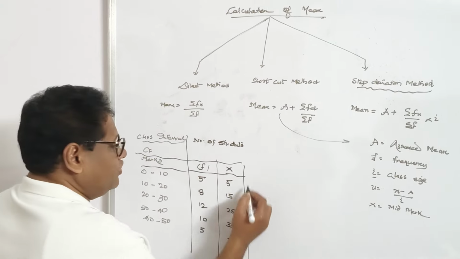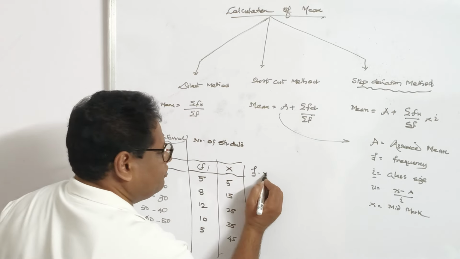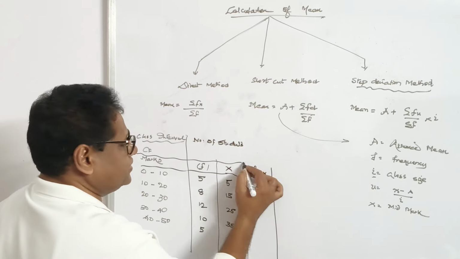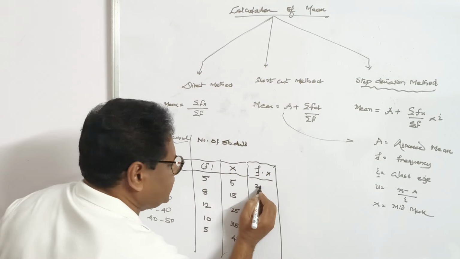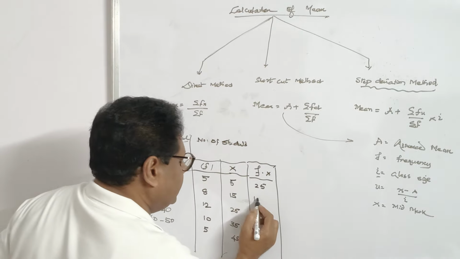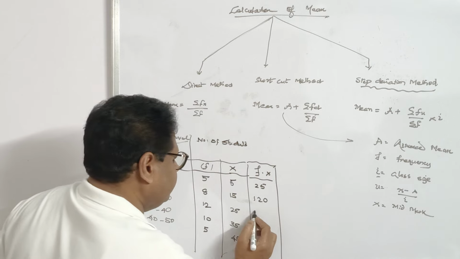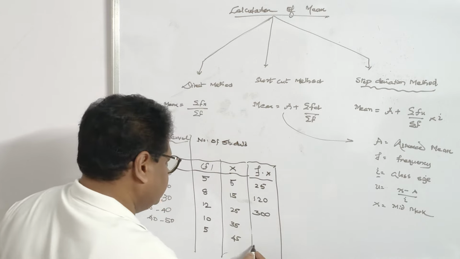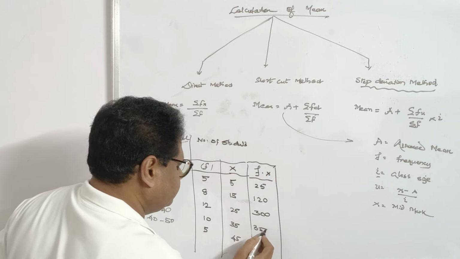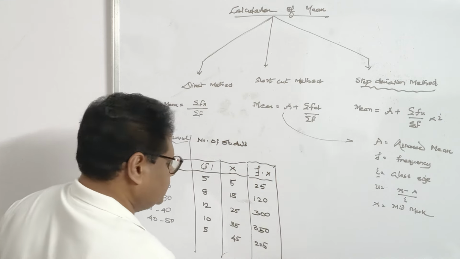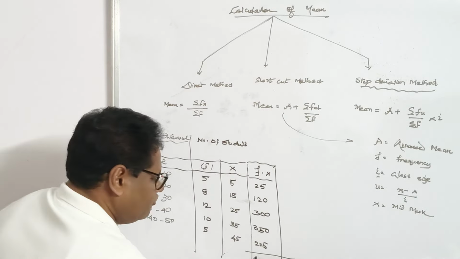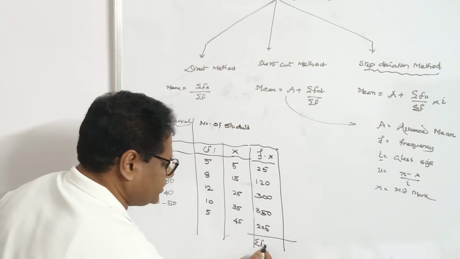After that, you have to find fx, the product of f and x. So keep multiplying these two. It's 25, then 120, then 300, then 350, then 225. If you add up all of this, we get the summation of fx.